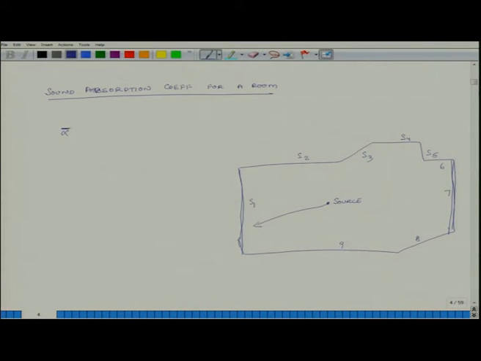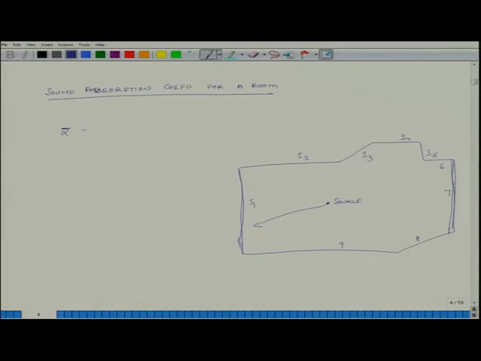Then what is the average sound absorption coefficient for this room? What it is: sound absorption coefficient for the first surface times area of that first surface plus absorption coefficient for second surface times area of second surface, and we keep on adding this till we account for all the surfaces.